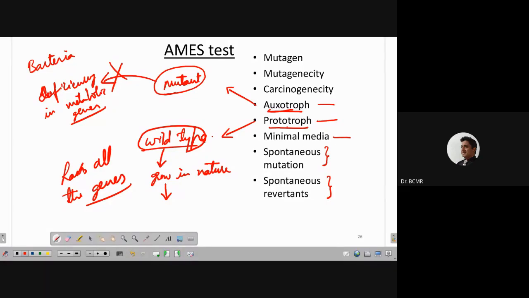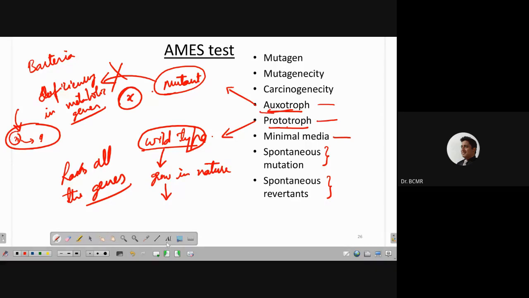But say this mutant auxotroph has deficiency in producing X, an amino acid. If we provide that X in the medium, then it can take up that molecule and grow well. In the lab, we can culture auxotrophs.